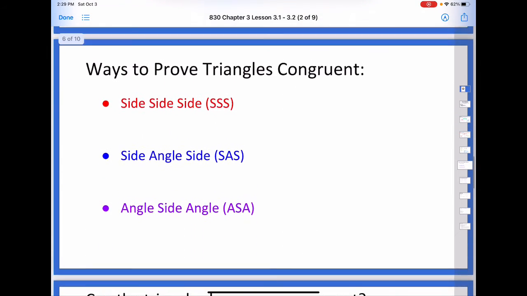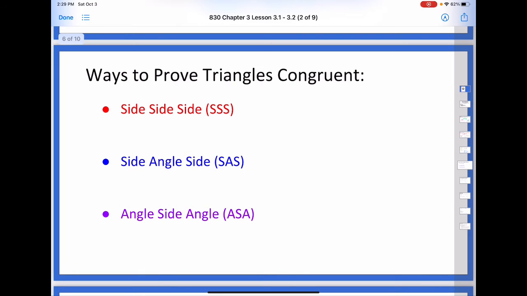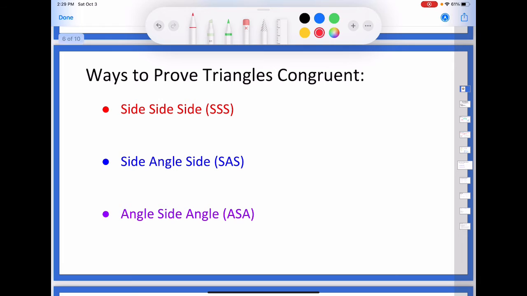All right, now that last one kind of brought up the idea of how do I prove triangles are congruent? So there are actually 3 ways to prove triangles congruent. Now we looked at that first way both in the last problem and in our warm-up. When we have all 3 pairs of sides congruent, we know that those 3 pairs of sides hold the angles congruent as well.